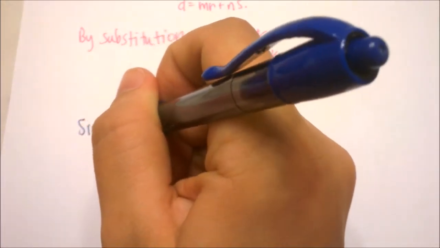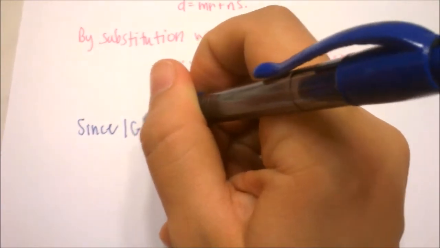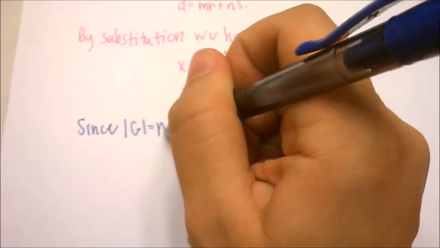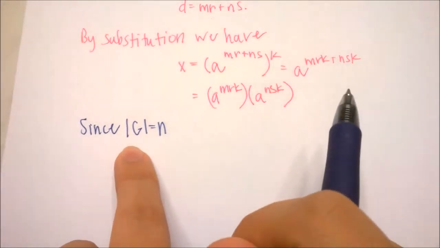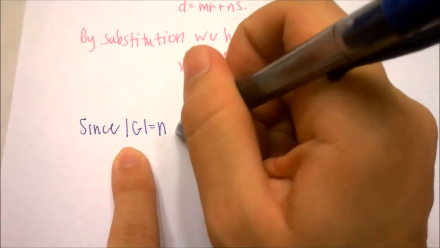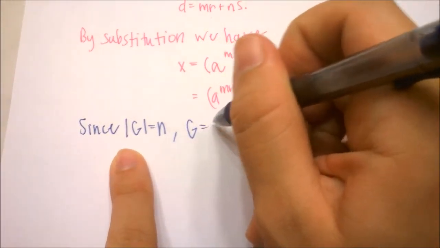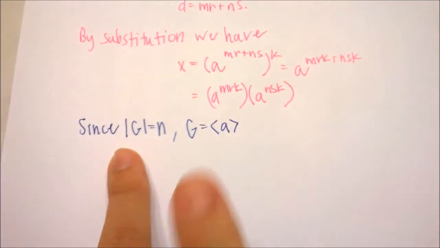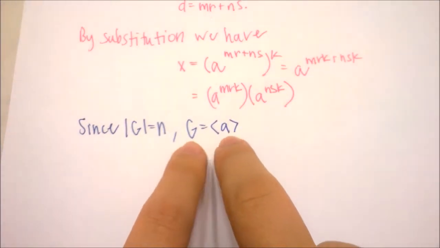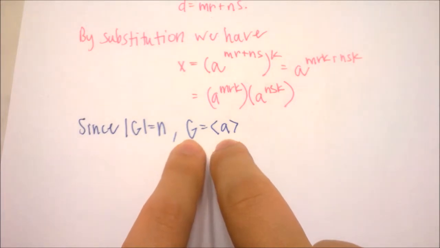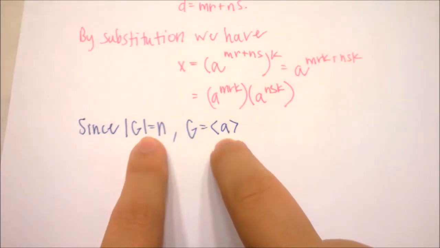So we're going to say, since, remember earlier in the problem we said the order of G is equal to n, where G is the group generated by A. So A generates the group G, and there are n elements.